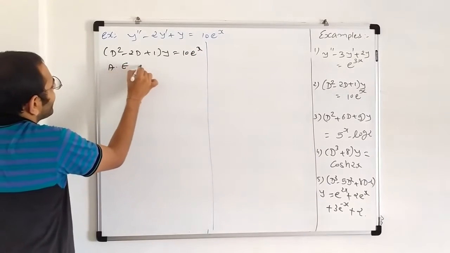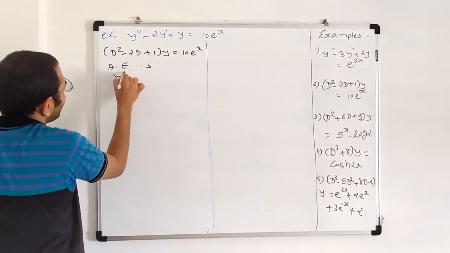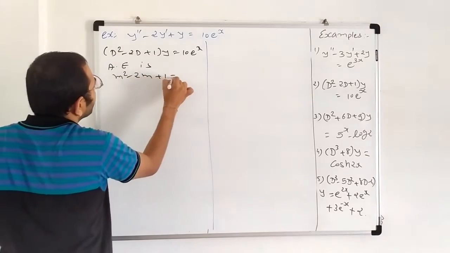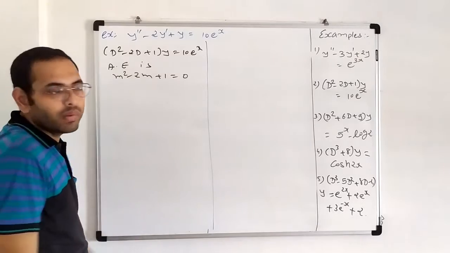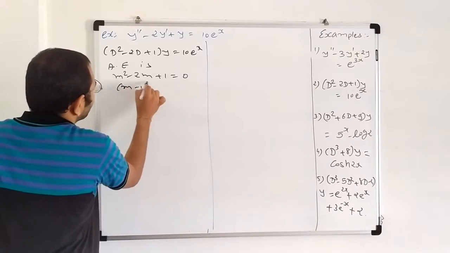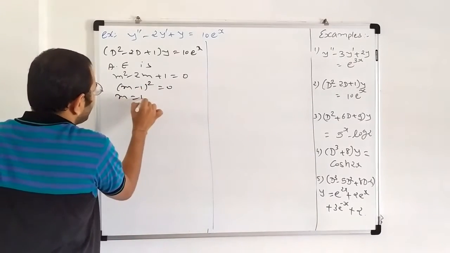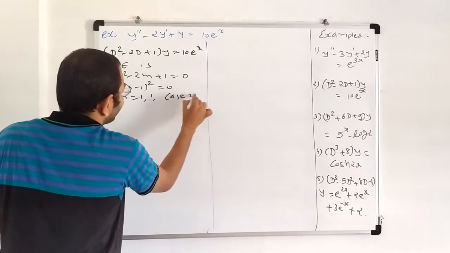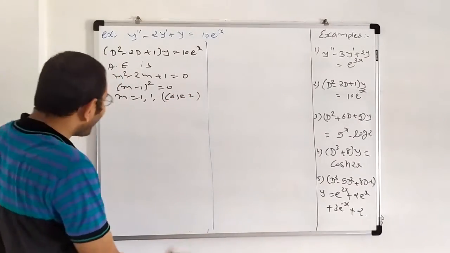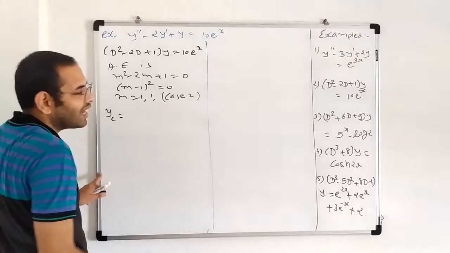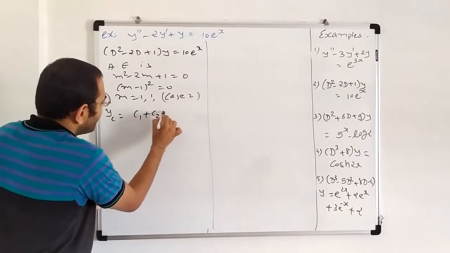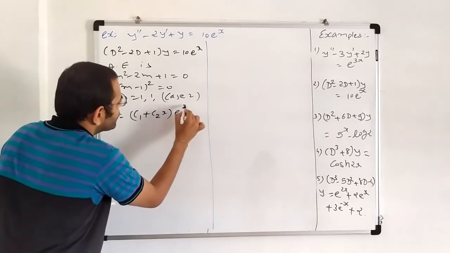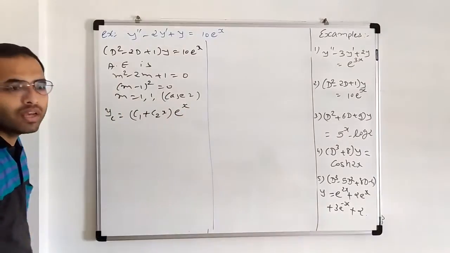Then the auxiliary equation is, replace D by m: m square minus 2m plus 1, like a square minus 2ab plus b square. That is m minus 1 whole square equal to 0, then m equal to 1, 1. That is case 2 of YC. Factors are real and repeated. Then YC equal to c1 plus c2x, e raised to x.